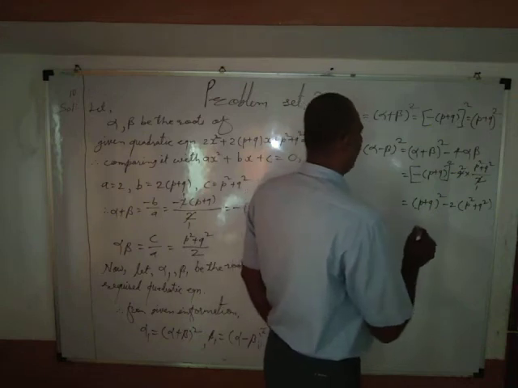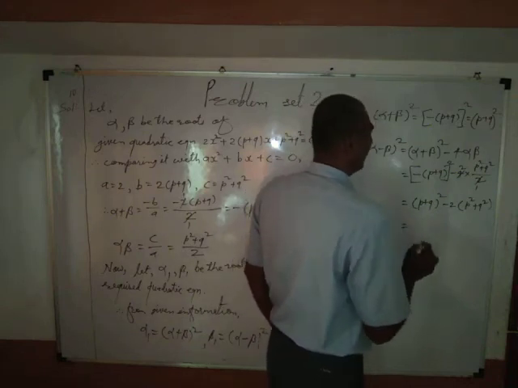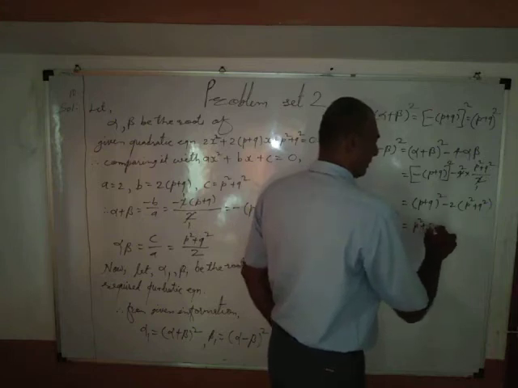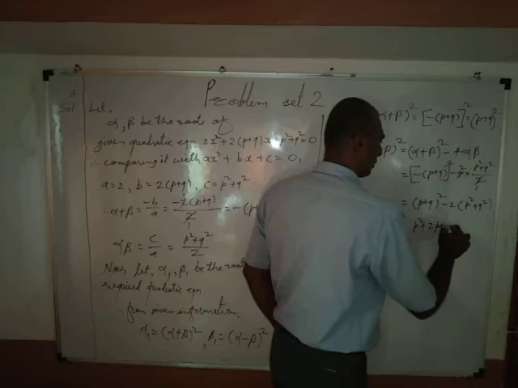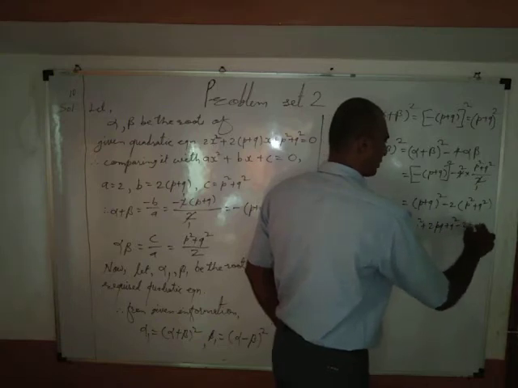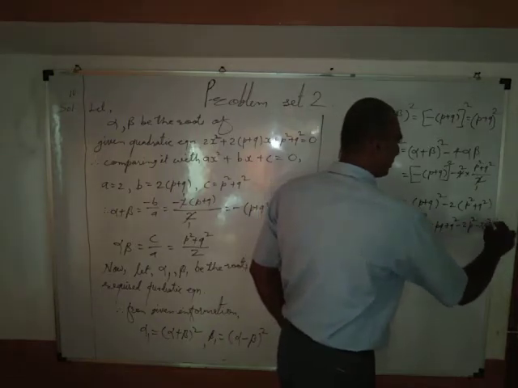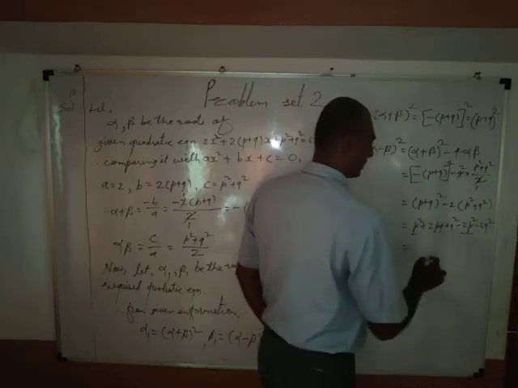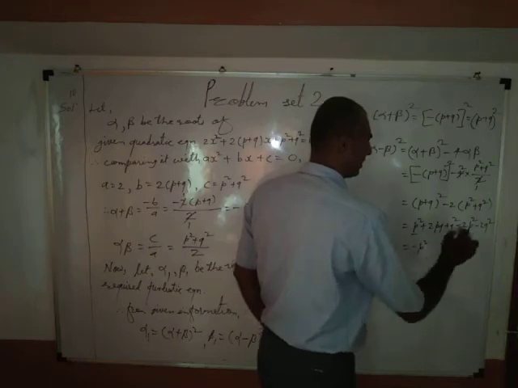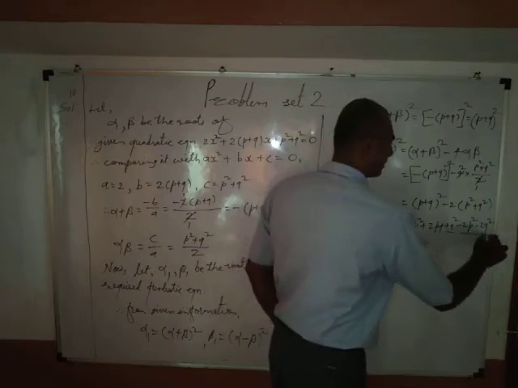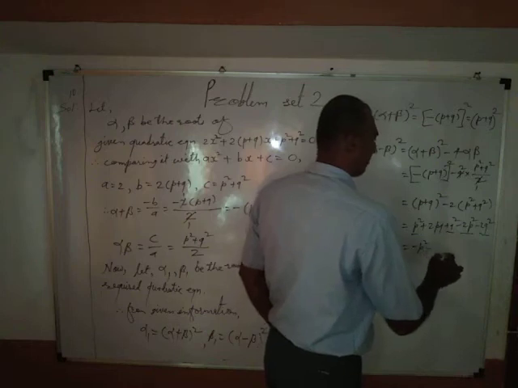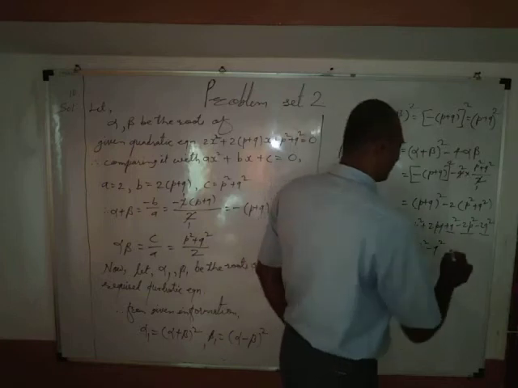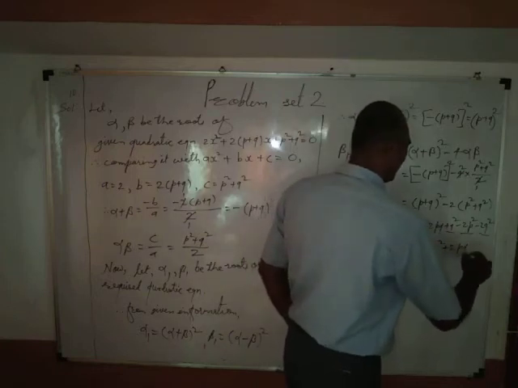Okay, and if we simplify it, it gives us p square plus 2pq plus q square minus 2p square minus 2q square. Okay, p square minus 2p square gives us minus p square, then q square minus 2q square gives us minus q square, and the rest of the term is 2pq.